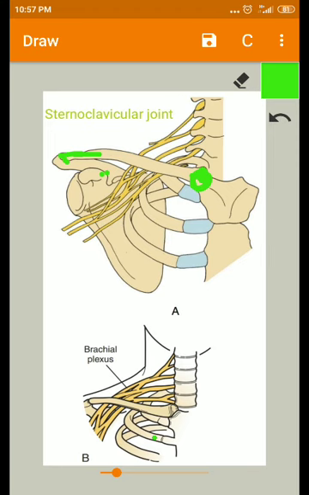Okay, and the important thing you have to remember is the movements of the clavicle.